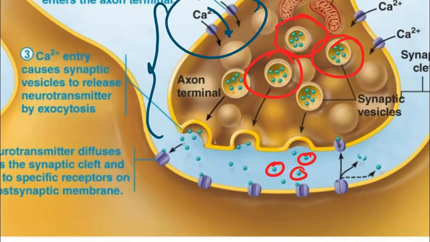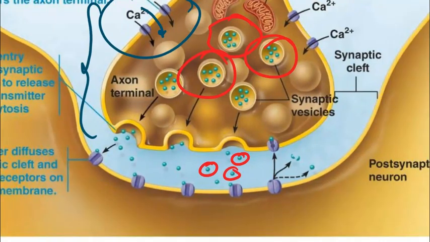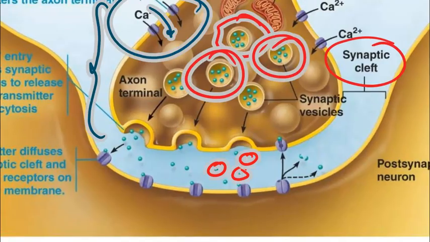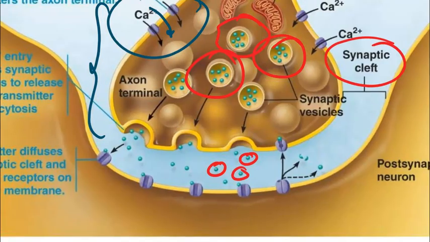They are released between the cells into what's called the synaptic cleft. So they diffuse, and eventually they bind to the receptors.